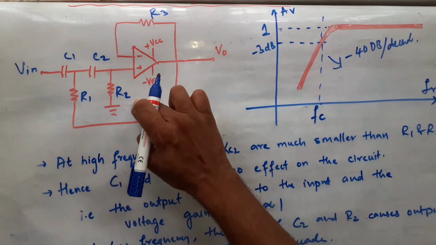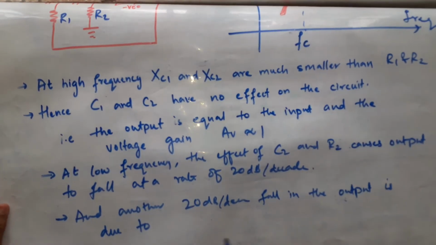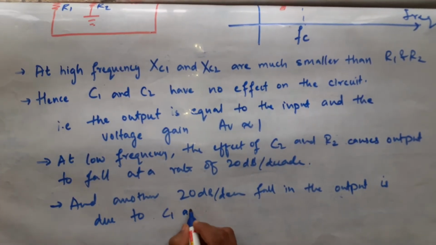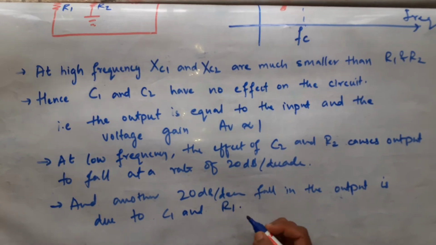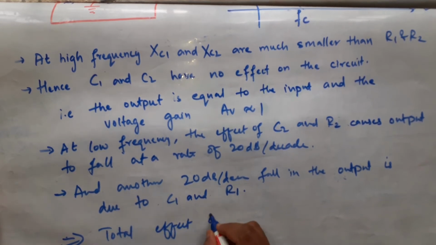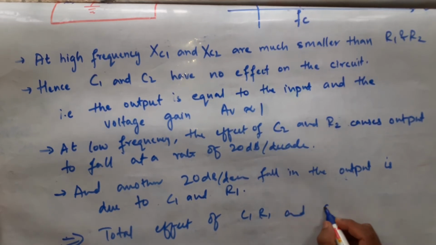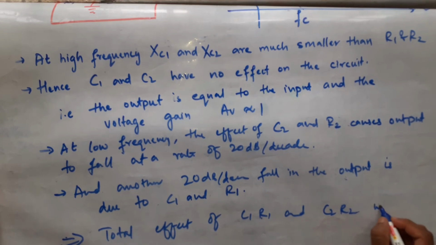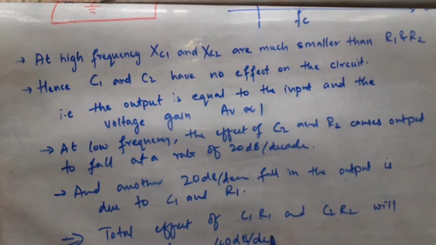C2 R2 is done, now C1 R1 is remaining. Hence total effect of C1 R1 and C2 R2 will result in total 40 dB per decade fall in the output.